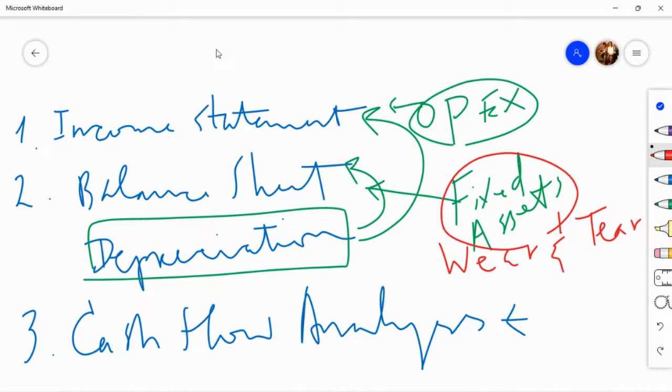So let's think about it more logically. Depreciation reflects wear and tear in the plant and equipment. But then why is it an expense? Why is it in the OPEX? Why is the depreciation reflected in the OPEX?